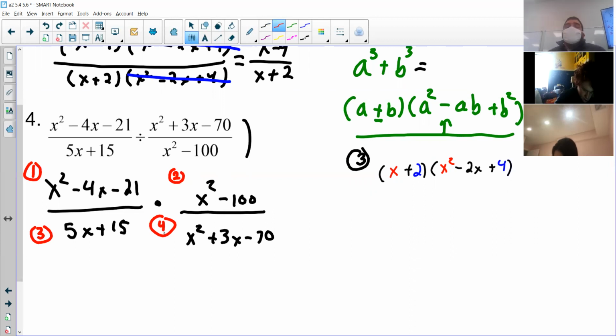So everyone's going to do 1, 2, 3, 4 right now. For number 1, ask yourself what you need to multiply.